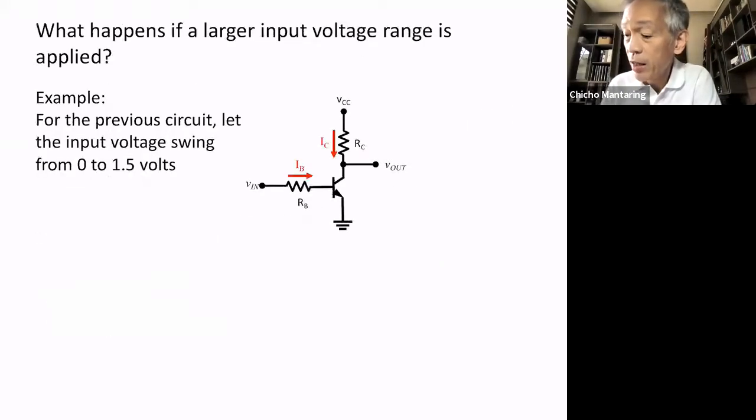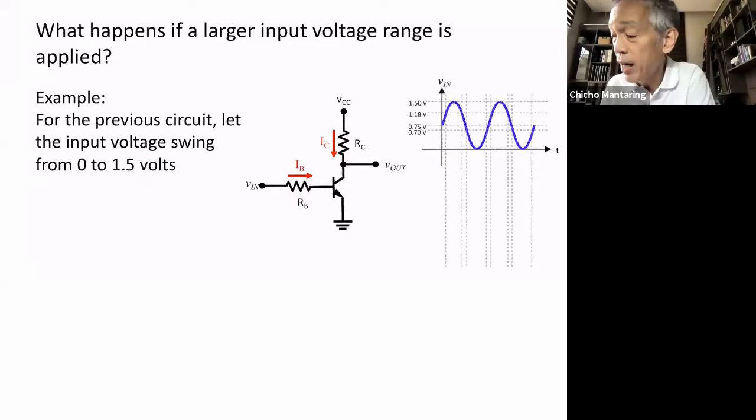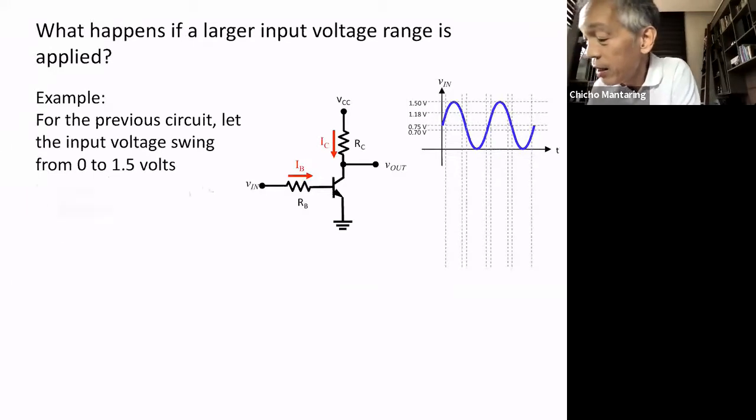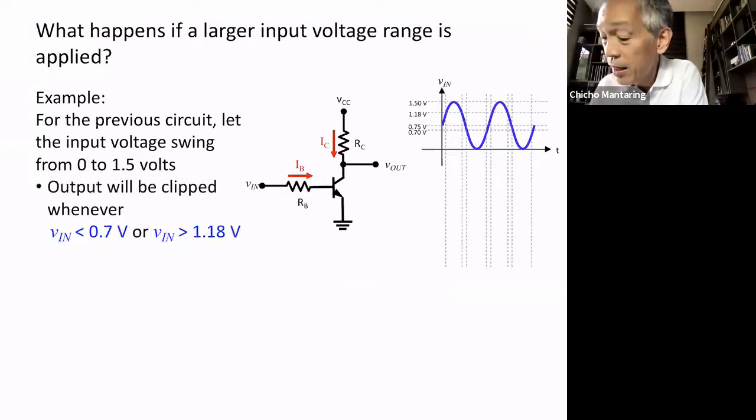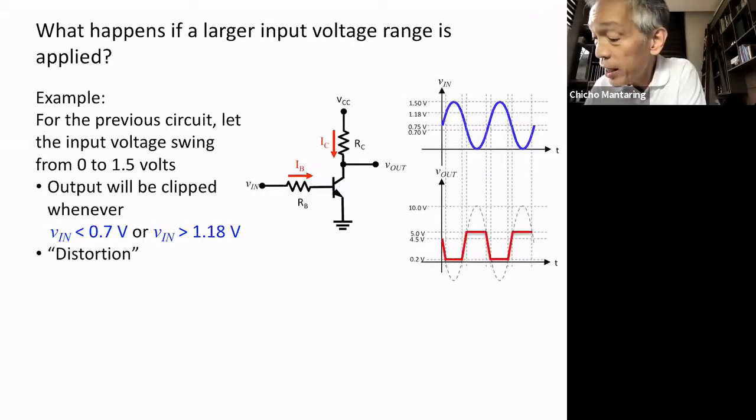If we extend the input beyond that range, for example, from 0 to 1.5, and I showed this last time, beyond that range, whenever the input exceeds 1.18, your output will already clip to 0.2 or VCE sat.